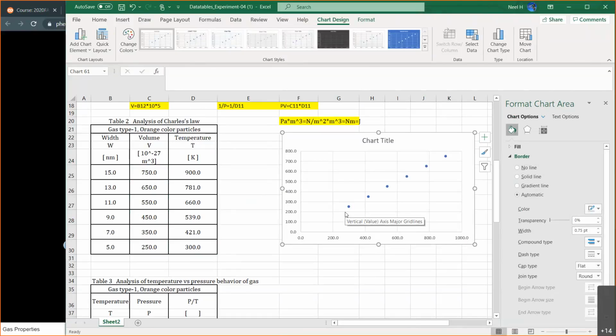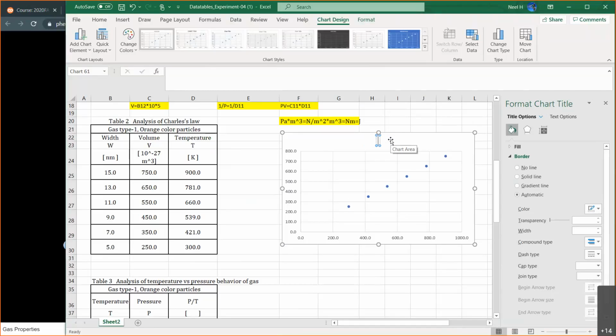We can't really do any real calculation, okay? The only thing in the discussion is you have to discuss whether you observe the behavior we are expecting from that particular gas law. If so, then write a couple of sentences about it, okay? A small paragraph for each table and each graph. If you have a graph, then make sure you name it properly.